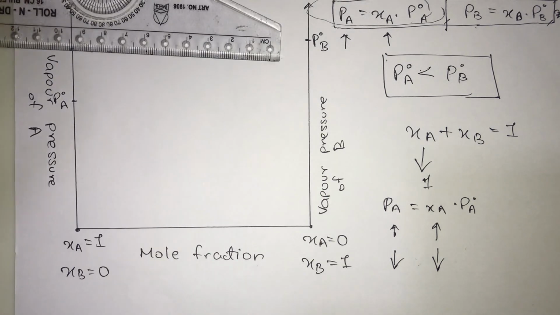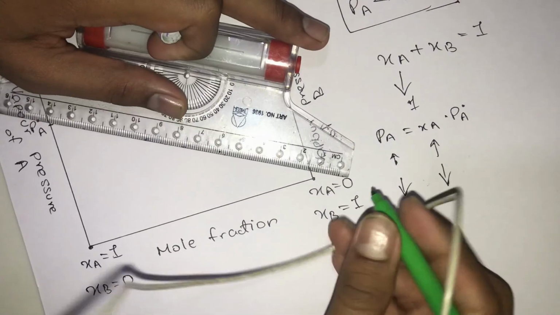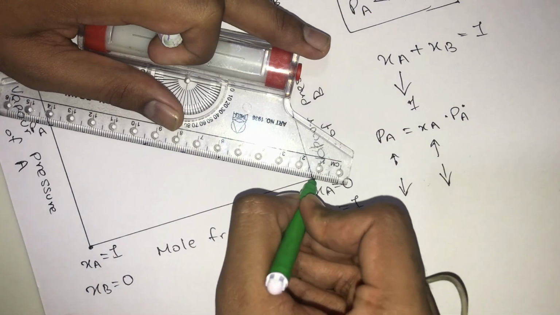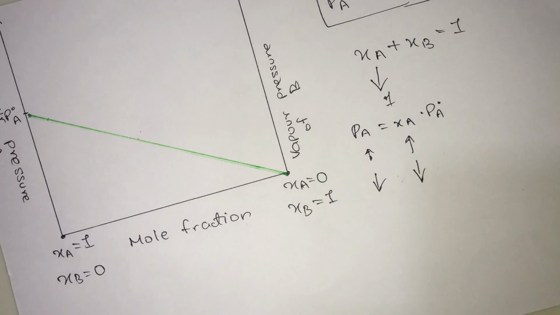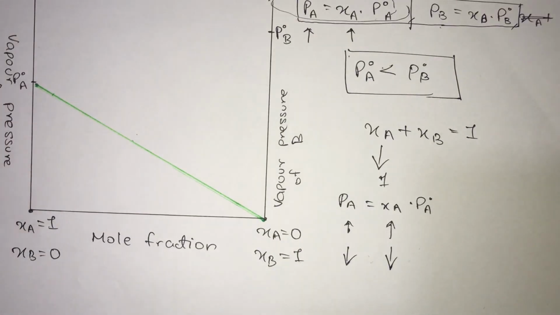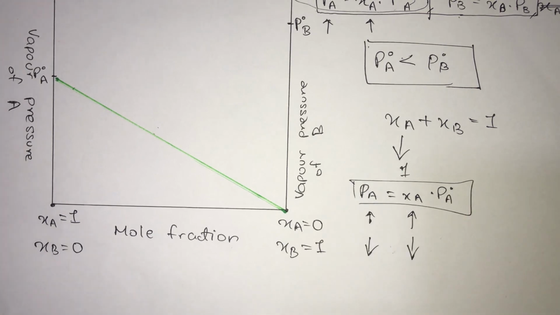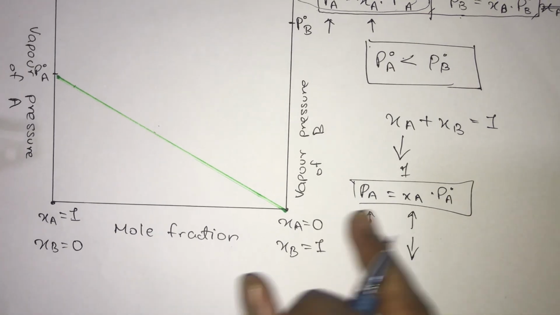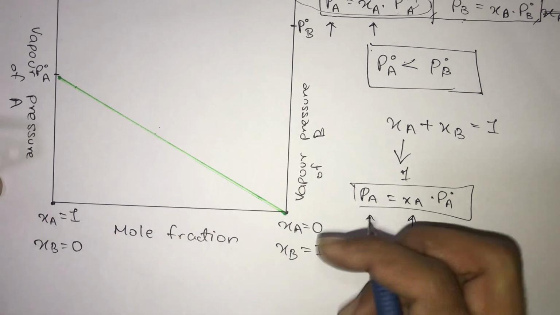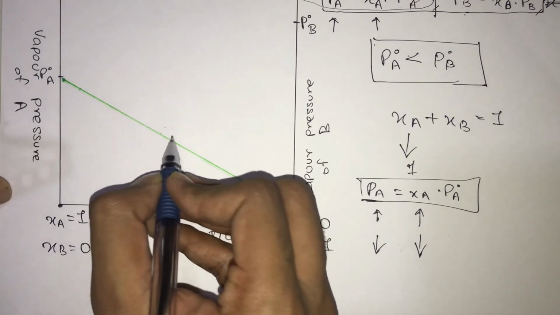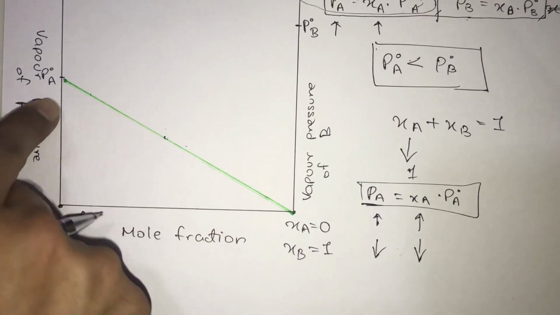Let me show you all. This is the linear graph that we get for this particular equation. As you can see in this graph, as the value of XA is decreasing from 1 to 0, the value of PA, which we get from this line, is also decreasing.